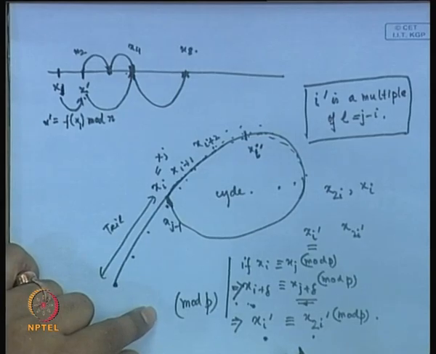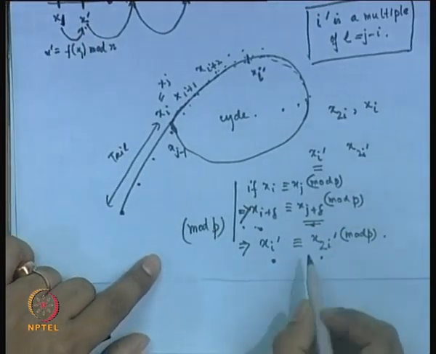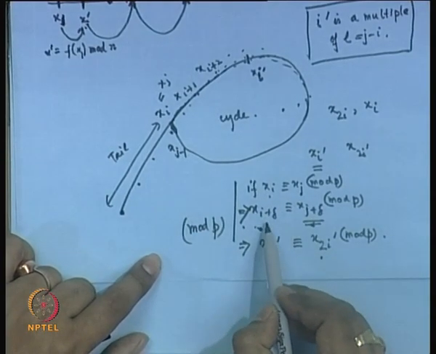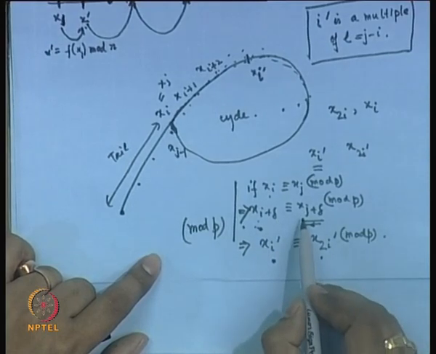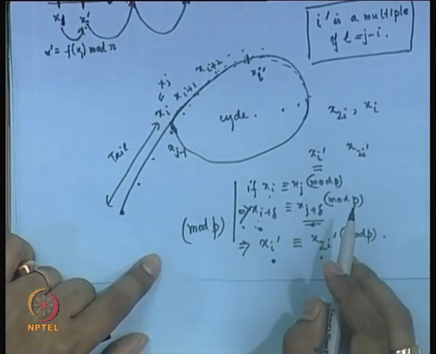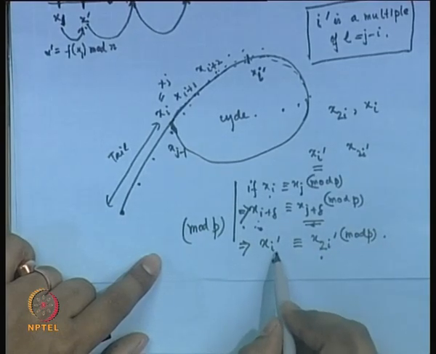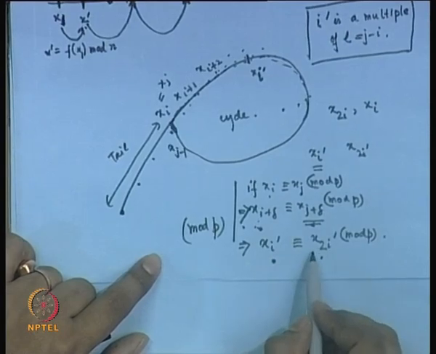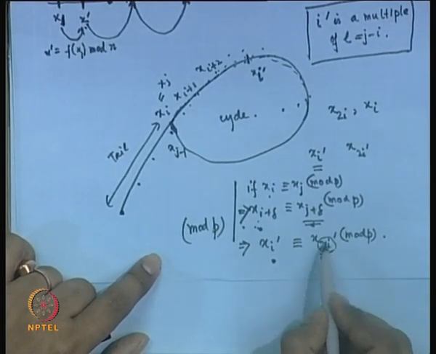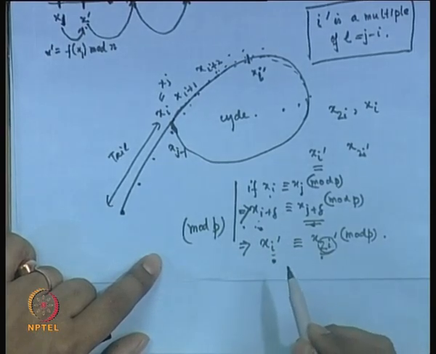Slightly tricky. So, maybe you can just observe this again when you go back, but just think on this. What I am saying is that if xi and xj modulo p are the same, then xi plus delta will be congruent to xj plus delta modulo p for any delta greater than or equal to 0. So, if i dash is a multiple of L, then xi dash will be congruent to x2i dash modulo p, because this index is still a multiple of L times ahead of this index, right.